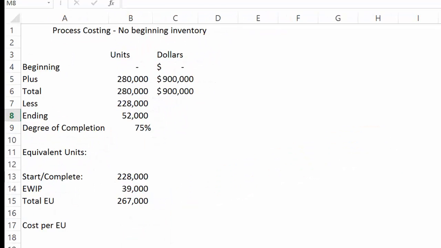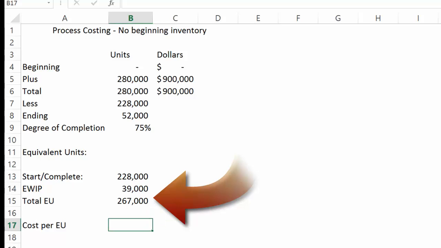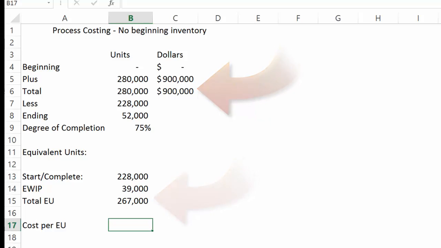So the next thing I need to figure out is the cost per equivalent unit. I have 267,000 equivalent units, and I have $900,000 worth of money to account for. Now remember, when we want cost per something, the cost is first, per means divided by, and then something. So this is cost divided by equivalent units. So I'm going to take the $900,000 and divide it by the 267,000.